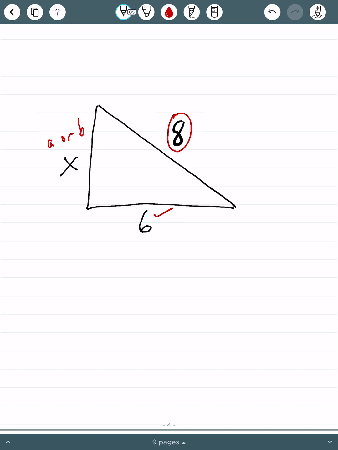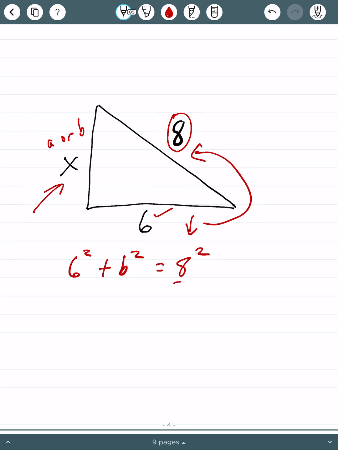It doesn't really matter. So I'm going to write 6 squared plus B squared. Now remember, I could have written A squared plus 6 squared. That doesn't matter. Equals 8 squared, because remember, the hypotenuse is C, so we have to fill that in for C this time.